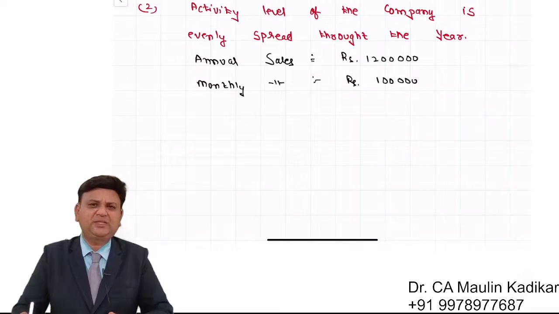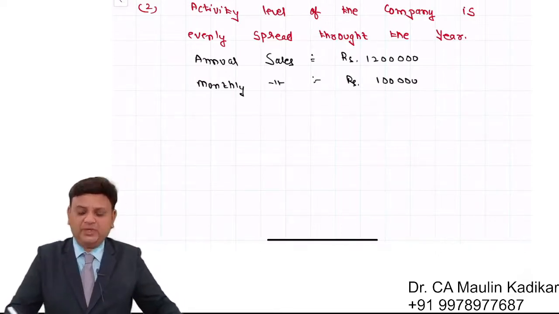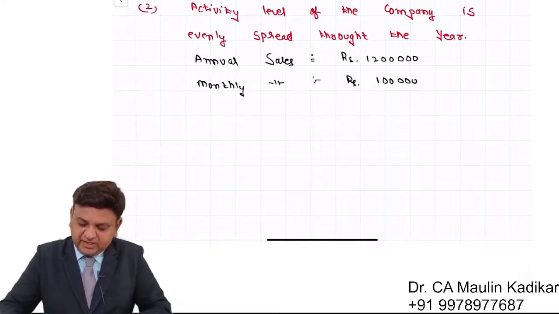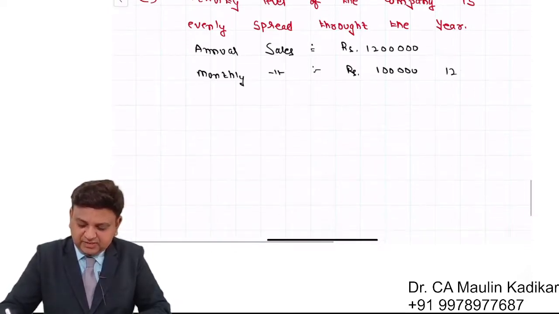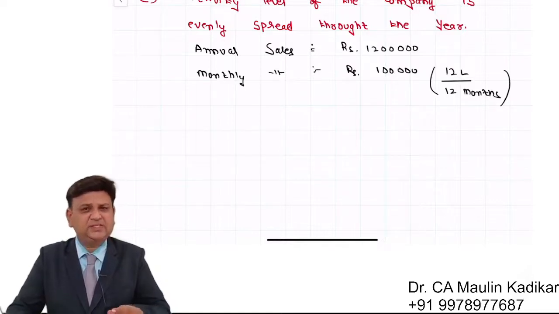That is the simple assumption. Whatever the sales of the company is, it is evenly spread throughout the year. Yearly sales is 12 lakhs, so 12 lakhs divided by 12 months, monthly sales is assumed to be 1 lakh.